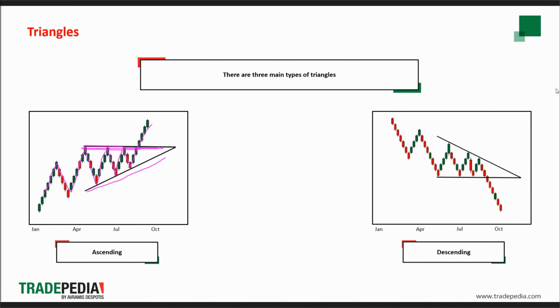Next is the descending triangle. For the descending triangle, the important thing to take note of is that the price should be coming in from the highs, from the top.